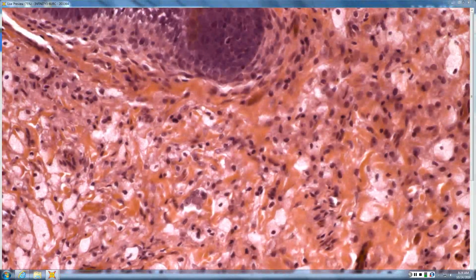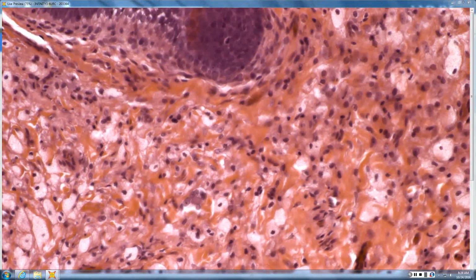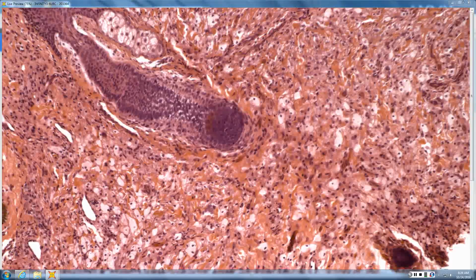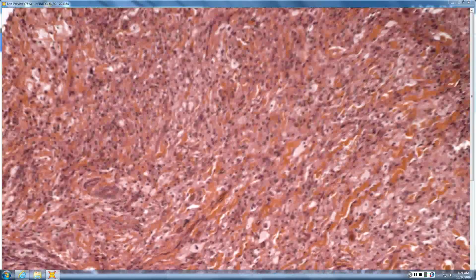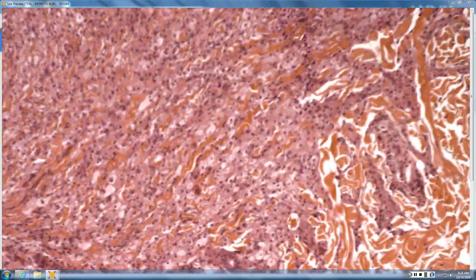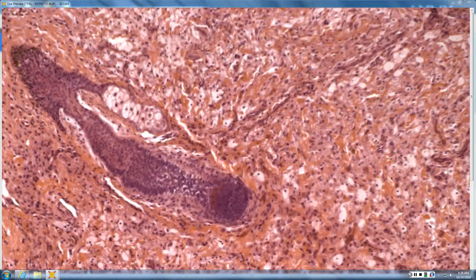So foam cells, other name for foam cells? Xanthoma cells. So xanthoma cells are foam cells. And so, do you see any multinucleate cells at all? Any wreath type? I'm not seeing any. Not really. No. So there's nothing for xanthogranuloma. More just a xanthoma.